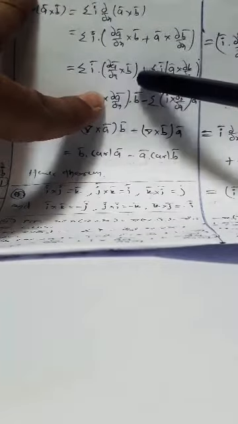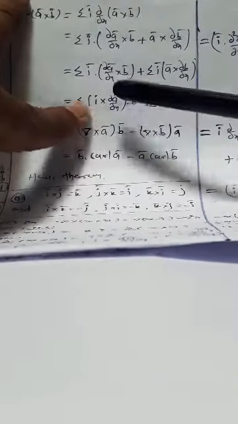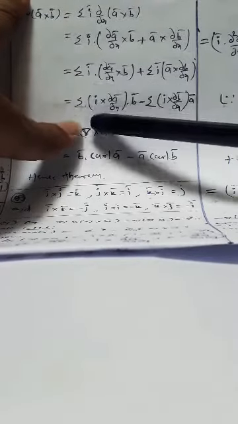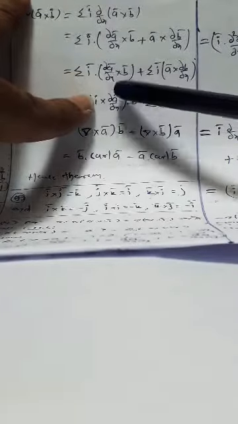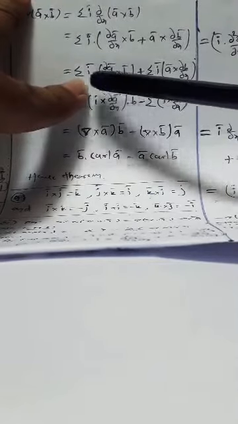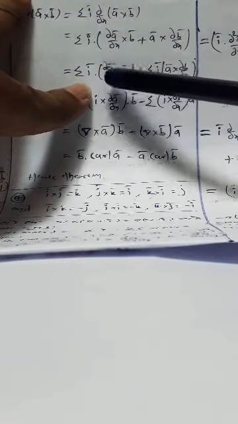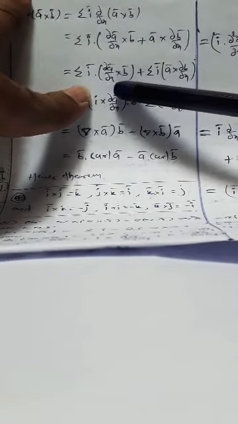Right, now next this can be written as summation of i cross ∂a/∂x dot b. Clear? Because here we have summation i cross ∂a/∂x dot b, and in the next one we only have ∂a/∂x, there is no problem for sign.